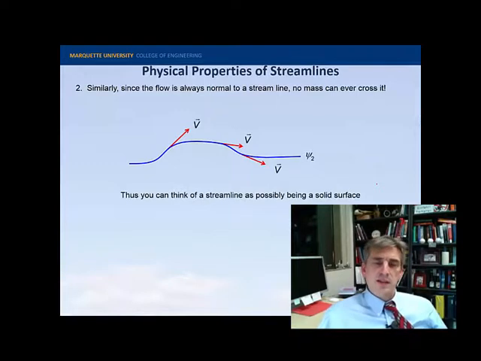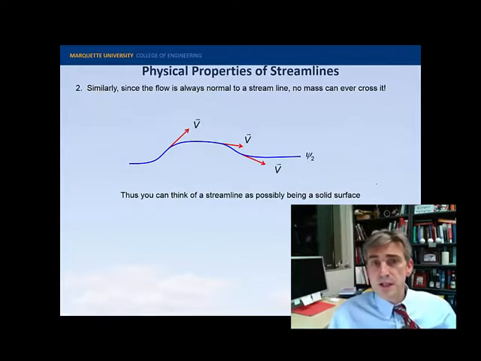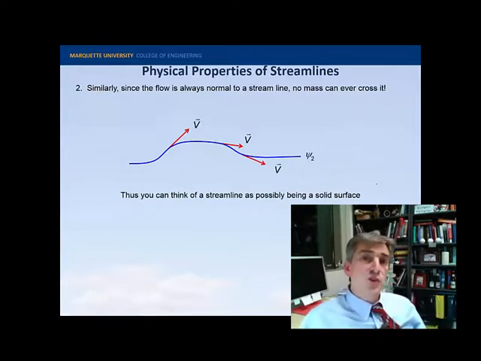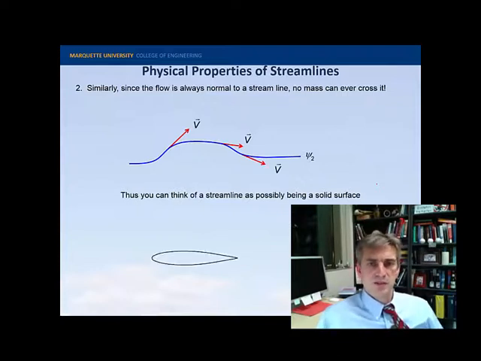Everywhere along the streamline I have a velocity, and I don't have to require that it satisfy no slip, but it could serve as a solid body within an irrotational flow field. So it's not going to satisfy the no slip boundary condition, but it still could be an irrotational solid body surface.